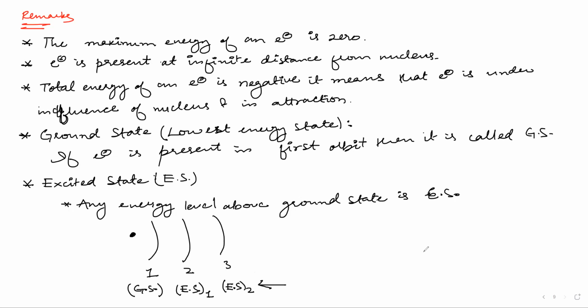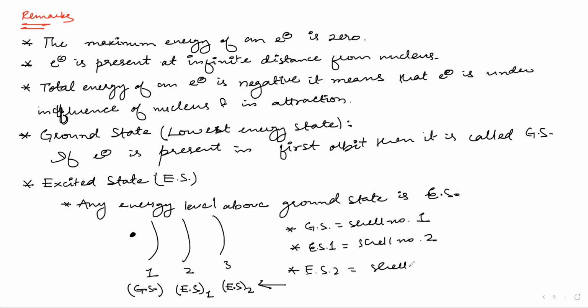Ground state is what? 1. But if I say it's first excited state, it is the shell number 2. Ground state is equal to shell number 1. First excited state, that is ES1, it is equal to shell number 2. If I write ES2, it is equal to shell number 3. Yes, Hamza, Heba, Salman, and Khalid, did you understand this? Yes, sir. Okay, fine.